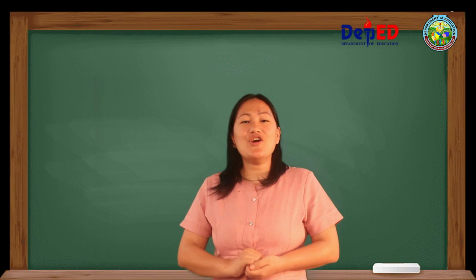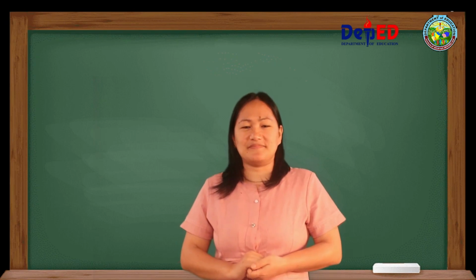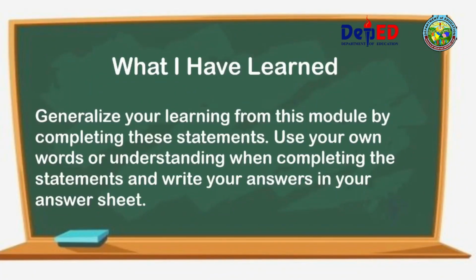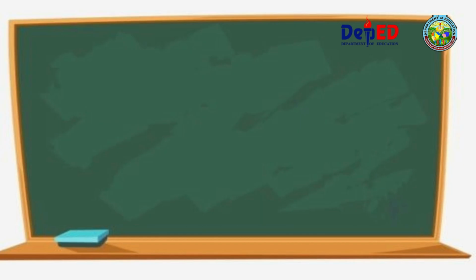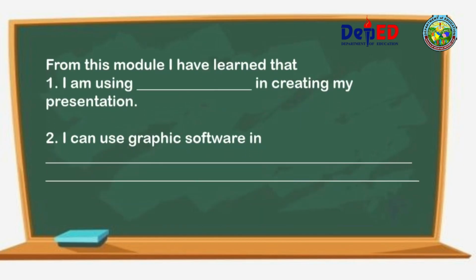Now, let's turn your knowledge into action. Generalize your learning from this module by completing these statements. Use your own words or understanding when completing the statements and write your answers in your answer sheet. From this module, I have learned that Number 1, I am using blank in creating my presentation.